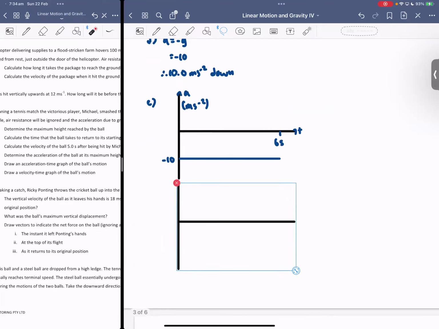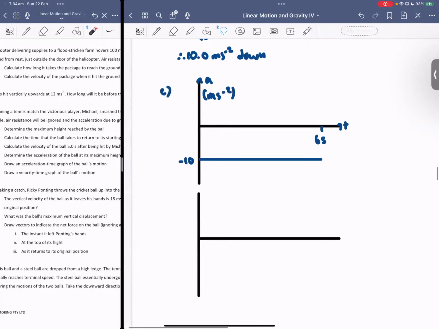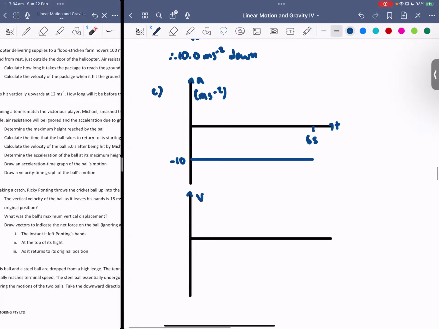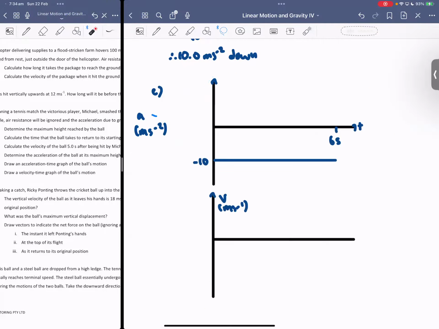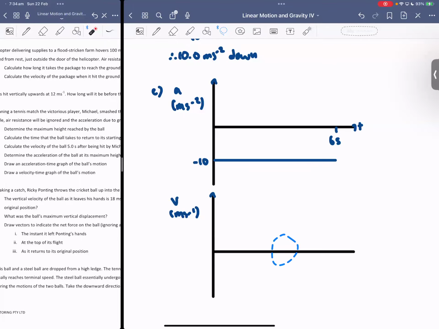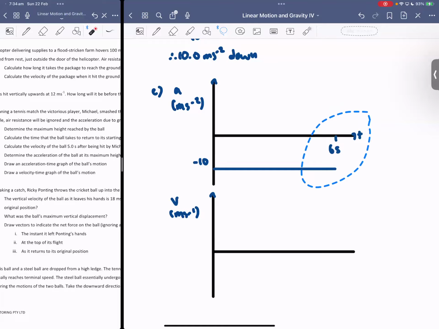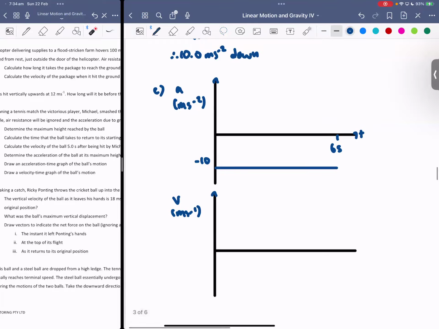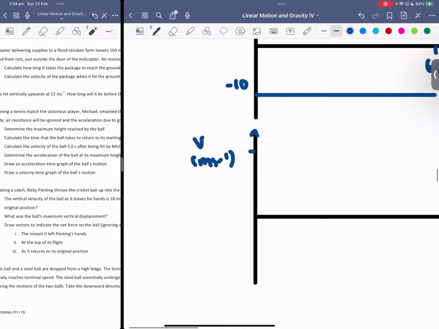So if they want a graph of velocity versus time, it'll look like this. They want a graph of velocity in meters per second versus time. If I think about it, the ball was going up initially, and it started off at a speed of 30 meters per second.